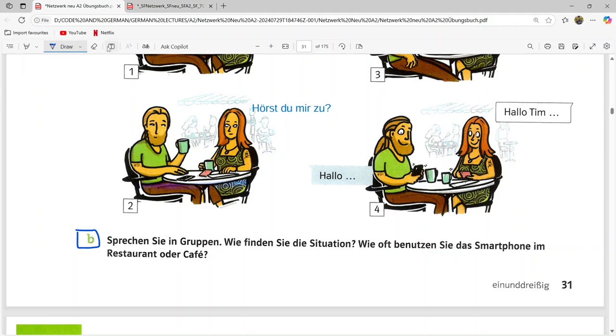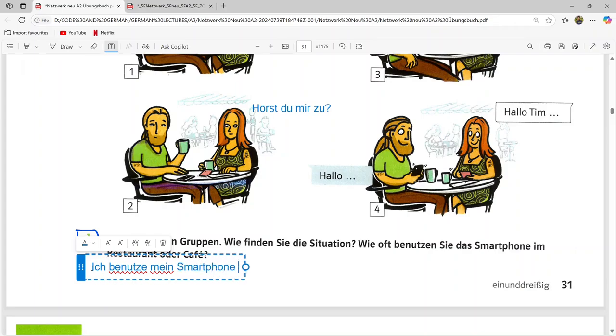So in my case I can write like this: ich benutze, means use, mein Smartphone, I use my smartphone sehr selten, means rarely, less. Okay, im Restaurant oder Kaffee.